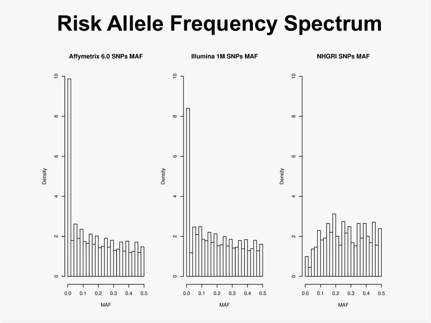This is simply an indication that we have very little power to detect associations in single variant tests for the really rare things. But we're intensely interested, of course, at this stage in human genetics and genomics in getting a better understanding of the relative contributions of rare and common variants to common diseases and their associated complex traits.